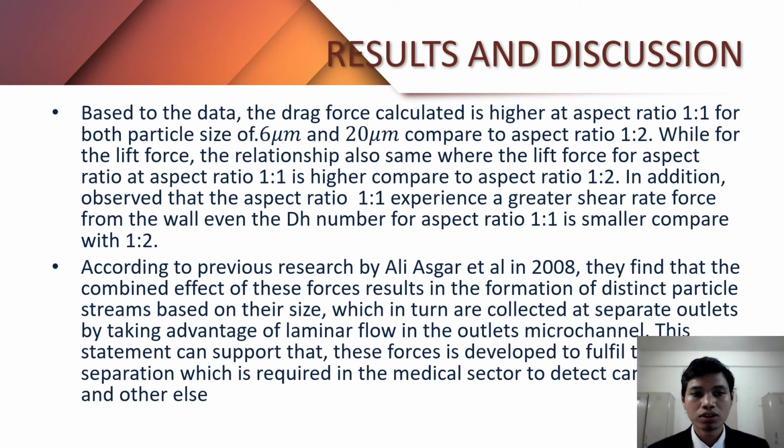For the lift force, the relationship is also the same, where the lift force at aspect ratio 1:1 is higher compared to aspect ratio 1:2. In addition, observe that the aspect ratio 1:1 experiences a greater shear rate force from the wall even though the DH number of aspect ratio 1:1 is smaller compared with 1:2.